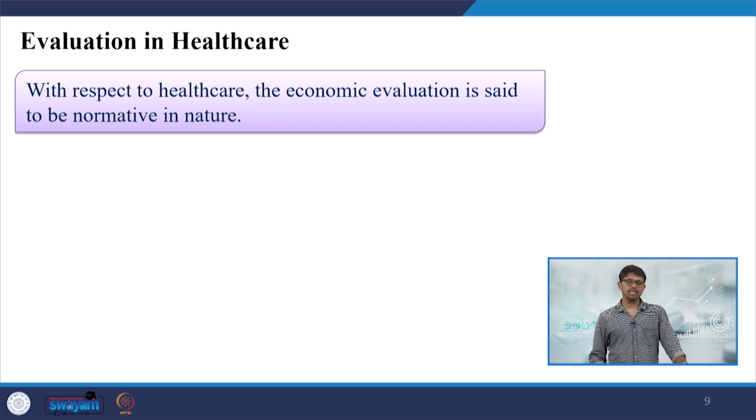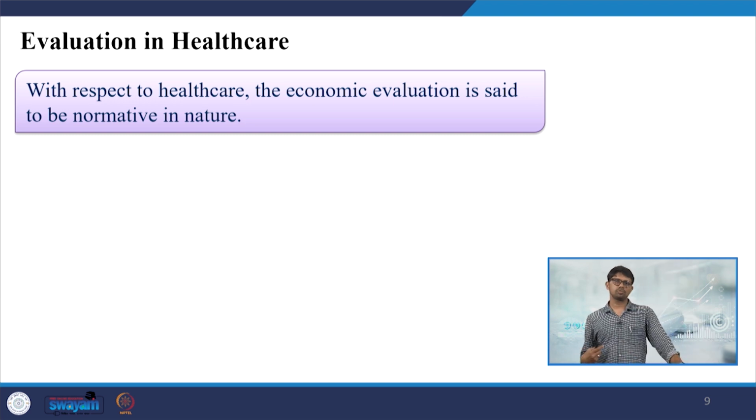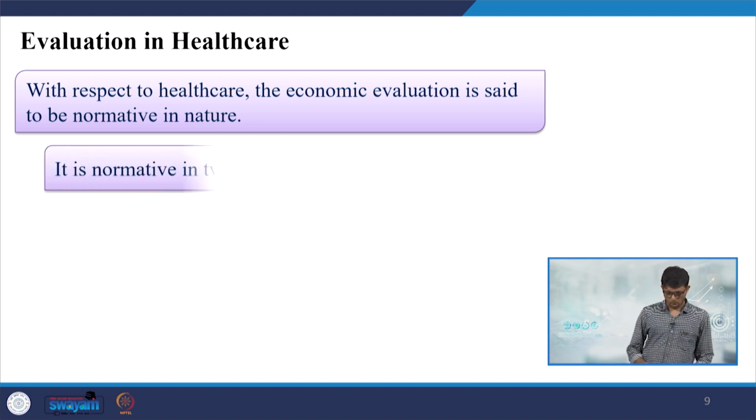With respect to healthcare, the economic evaluation is said to be normative in nature, as it has a connection with the human body, which is largely derived from nature, and it has a number of implications and is linked to the surroundings. Hence it is looked at from the perspective of normative discourses.